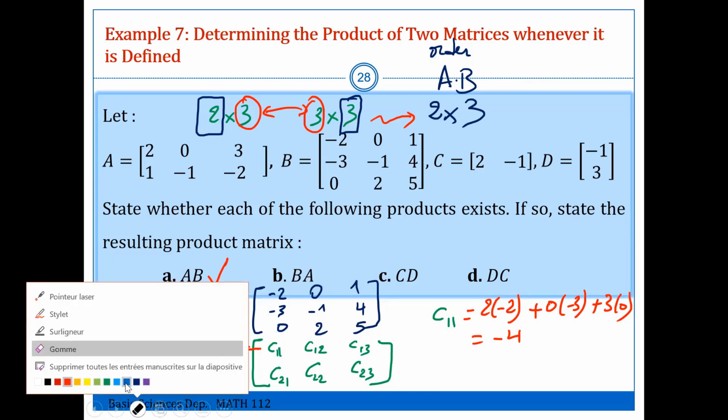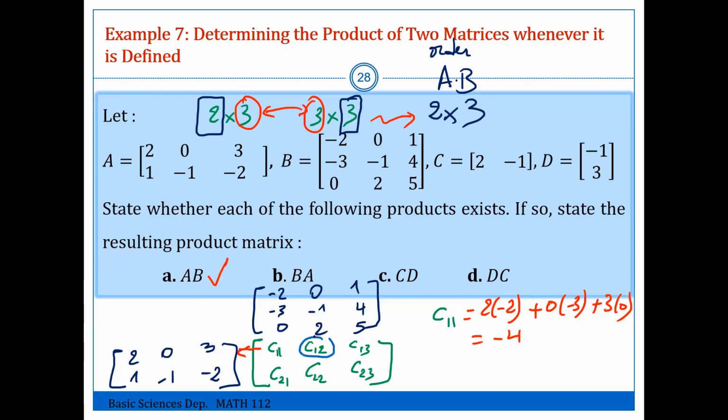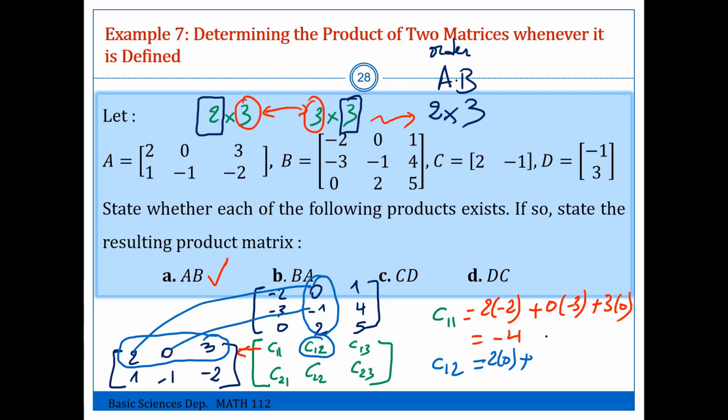We go to the next element, C12. How to compute C12? We use the first row of A and the second column of B, and we multiply element by element. 2 times 0 plus 0 times -1 plus 3 times 2.